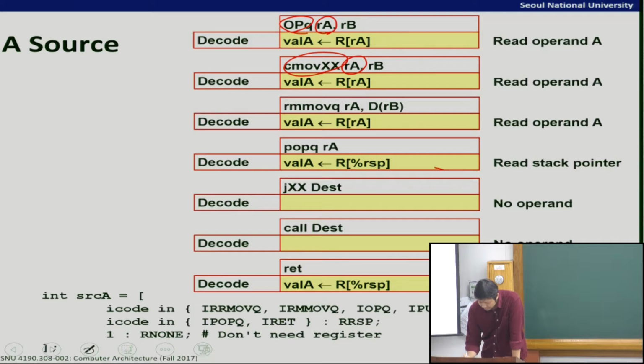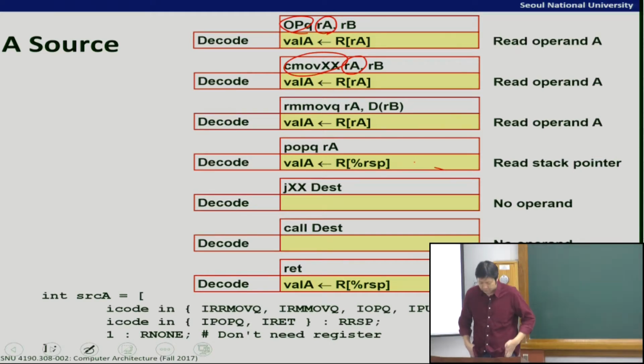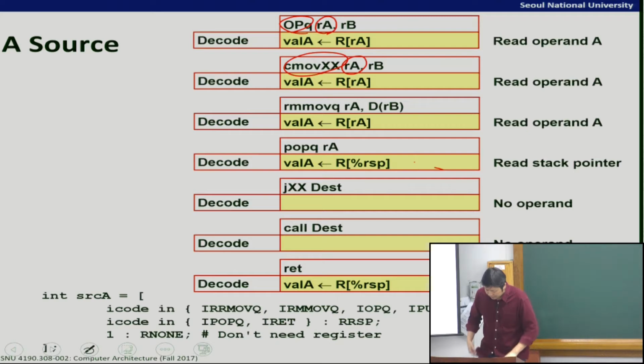All of these instructions require a read from source A, the first read port of the register file. So which value will be read from the register file?